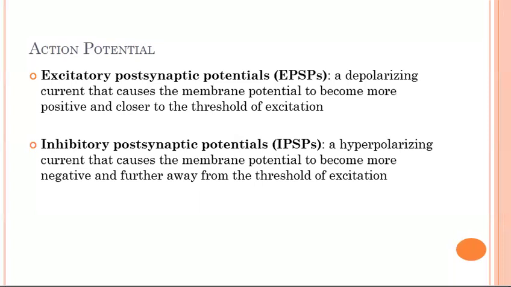Another is inhibitory postsynaptic potentials, or IPSPs, a hyperpolarizing current that causes the membrane potential to become more negative and further away from the threshold of excitation. These postsynaptic potentials, EPSPs and IPSPs, summate or add together in time and space.